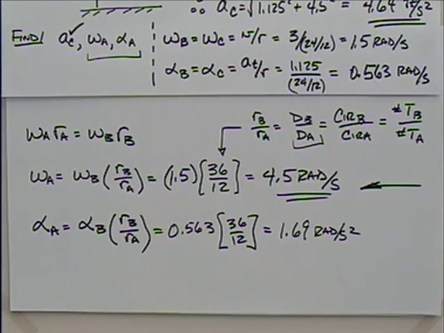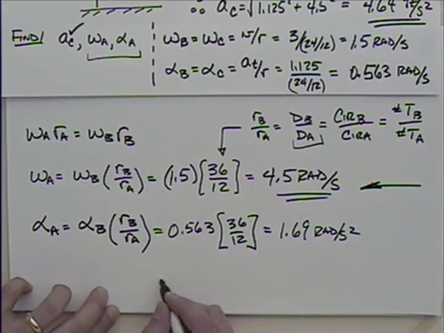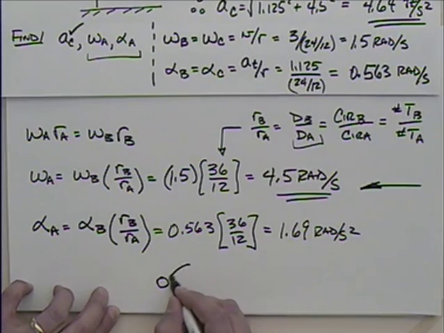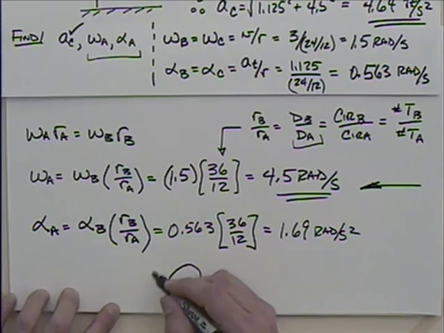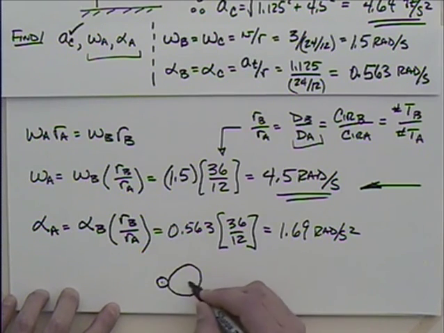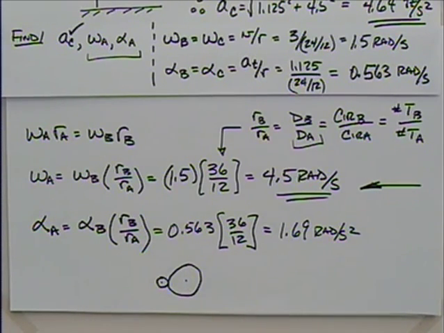So the angular acceleration and the angular velocity of A is quite a bit larger, which makes sense. We are going from a small pulley or gear driving a large one, aren't we? We would expect the speed of this one to have to be a lot higher. If I were to look at the speed here, this would be very large in comparison to the speed there.